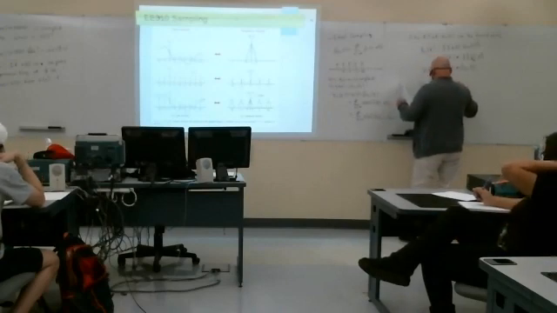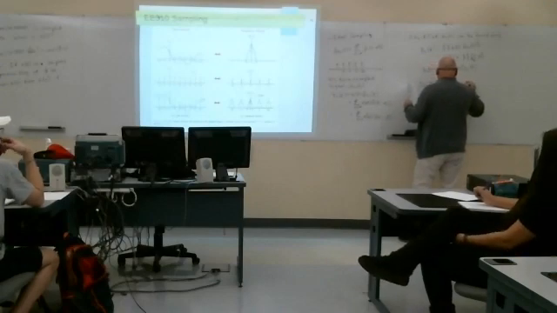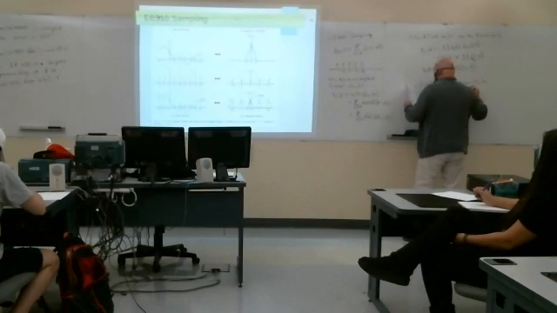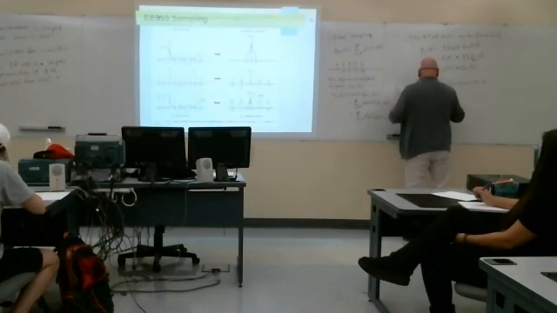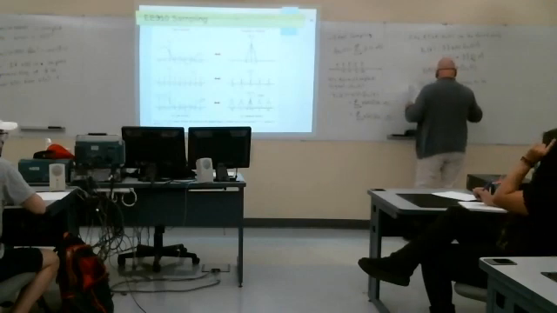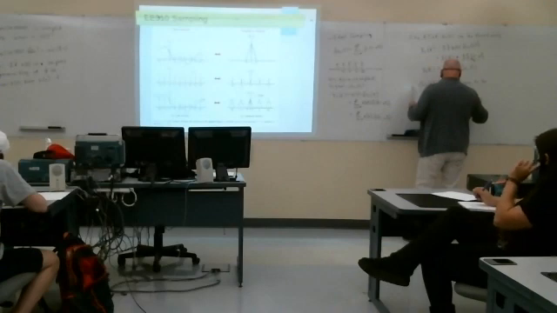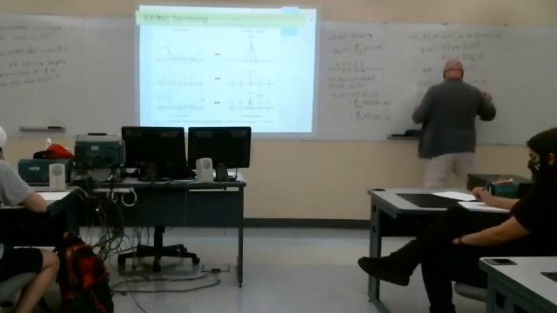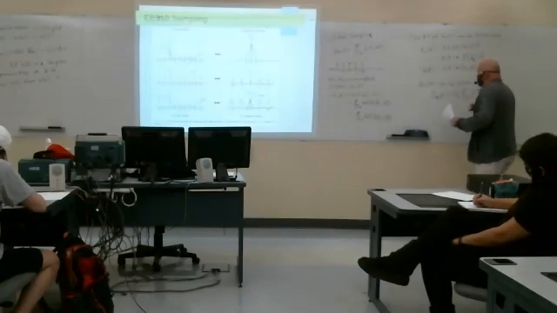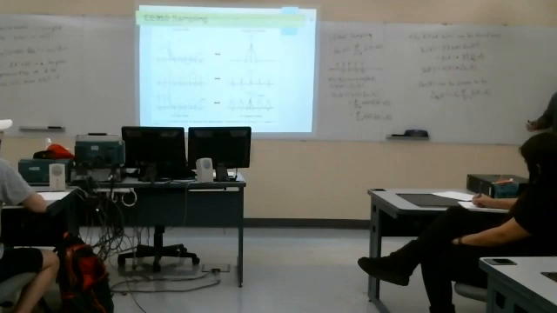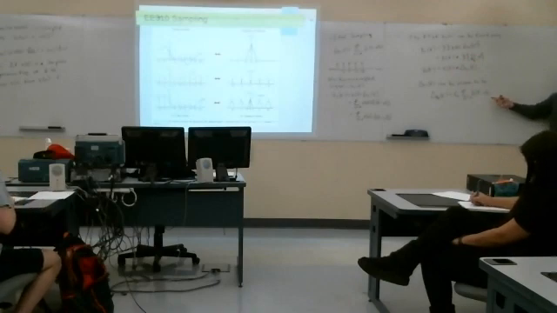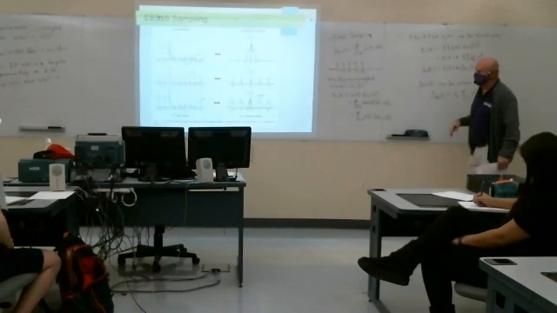Delta TS of f can be shown to be fs times the sum from n equal minus infinity to infinity of delta of f minus n fs. Kind of a surprising result, because this is an infinite train of impulses in the frequency domain, all spaced fs apart. It's one of the few signals that has the same functional form in both the time domain and the frequency domain.